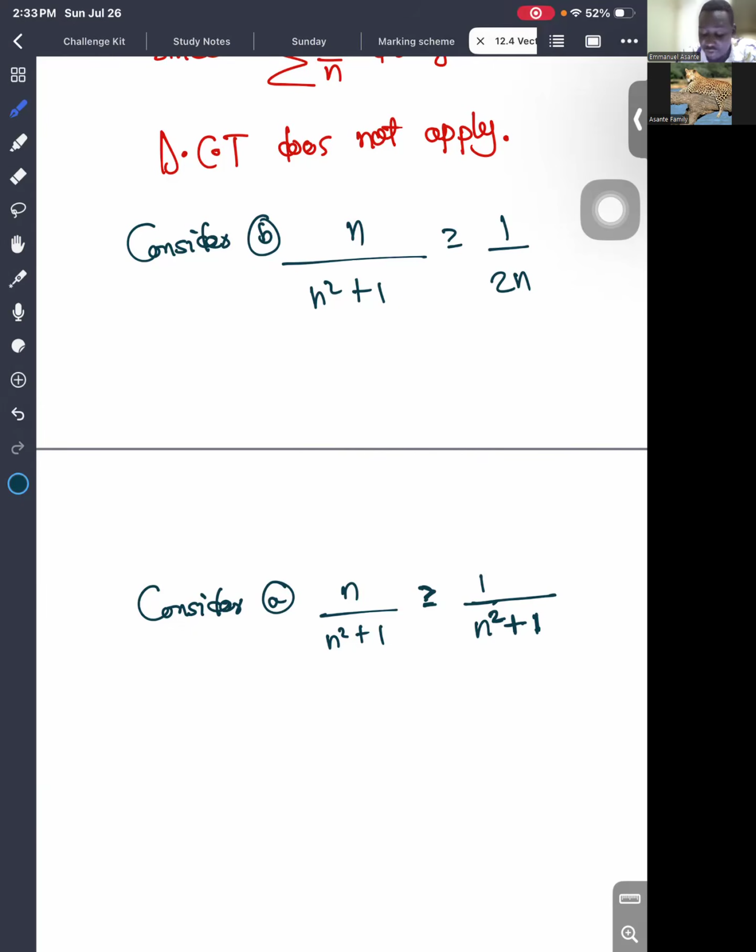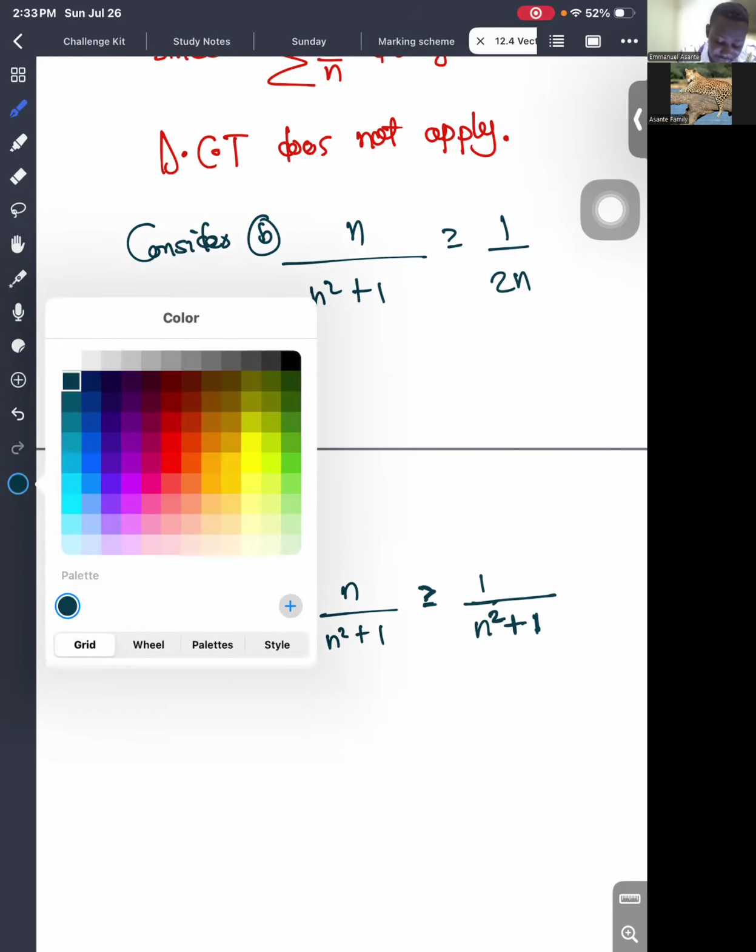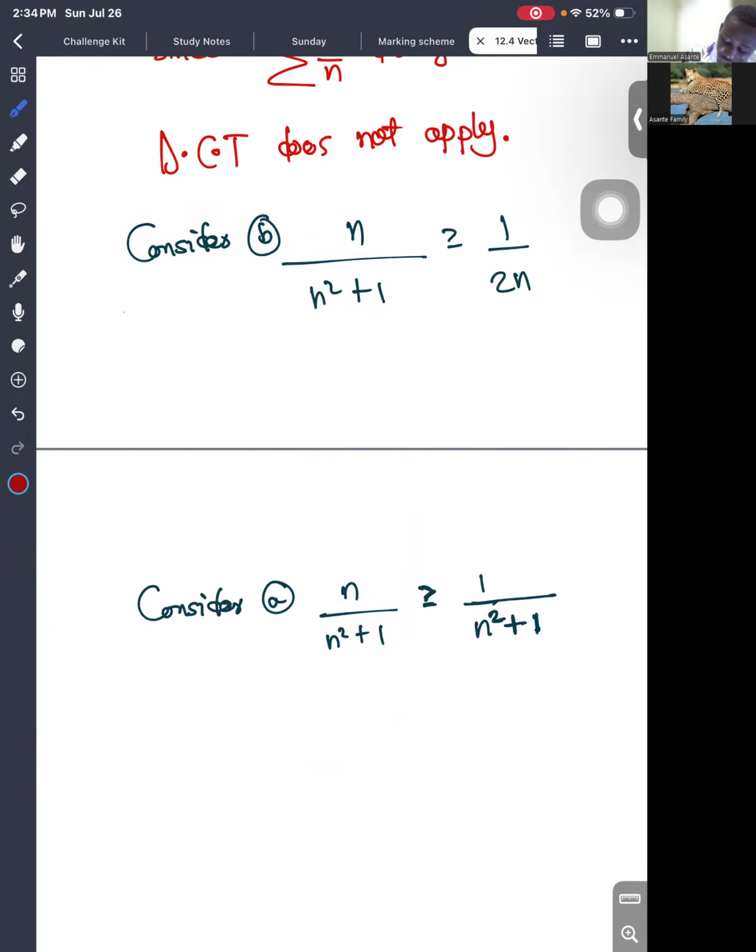Well, 1 over n squared plus 1 is very similar to 1 over n squared. So, in other words, you could have rather considered n over n squared plus 1 greater than or equal to 1 over n squared. You could have considered that instead.